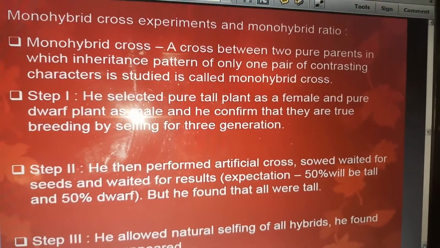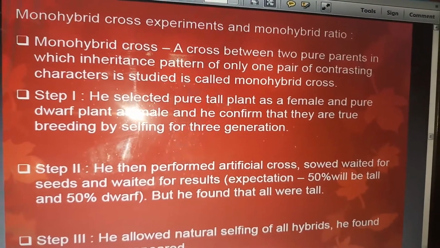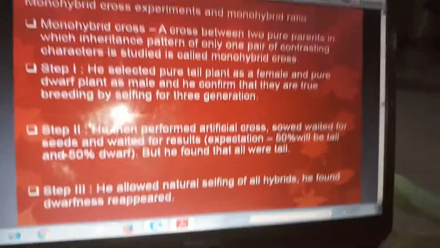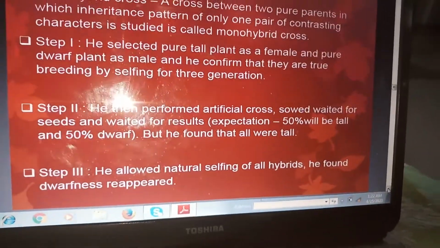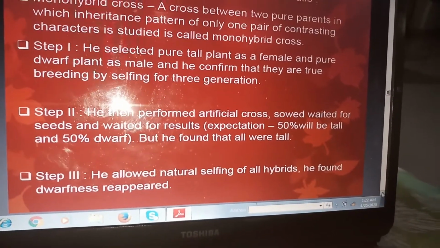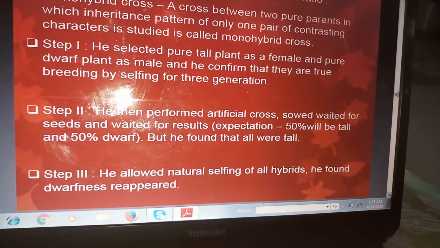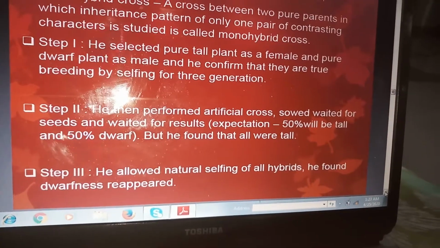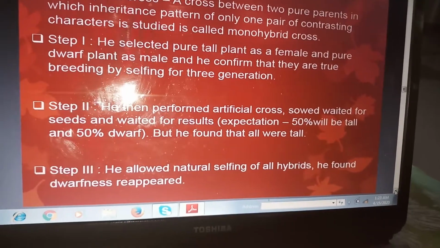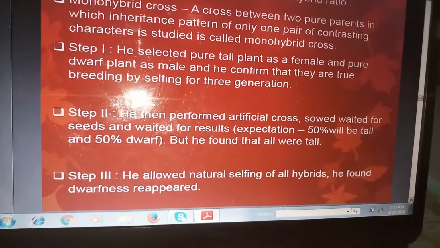The expectation was 50% tall and 50% dwarf, but to his surprise he found that all were tall. Step 3, he allowed natural selfing of all hybrids. He found dwarfness reappeared.